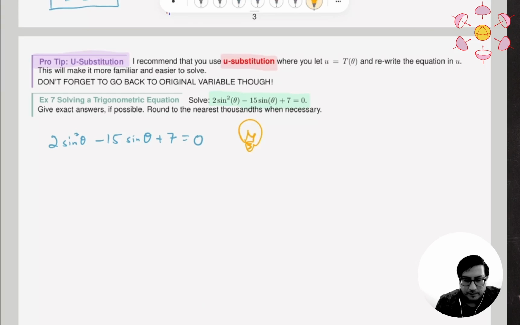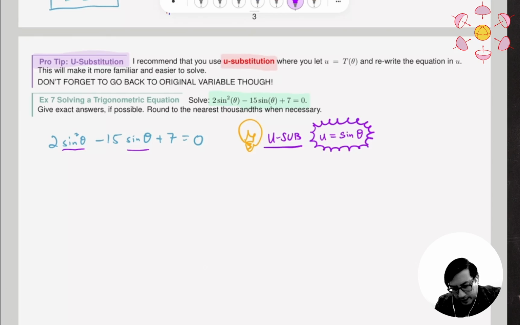U sub is my shorthand for U substitution. What we're going to say is, wait a minute. I see that I have 2 times sine theta squared minus 15 sine theta. Why don't I introduce the new variable u, where I write u is equal to sine theta. This is the big key idea here.